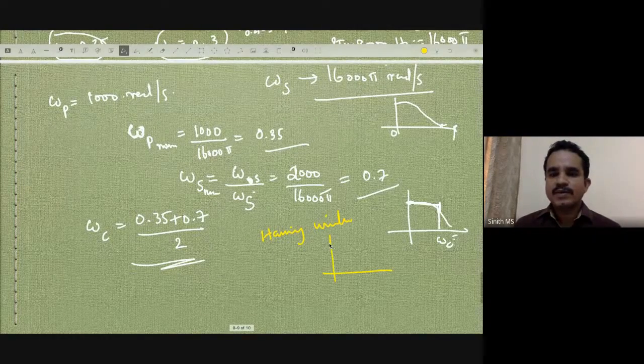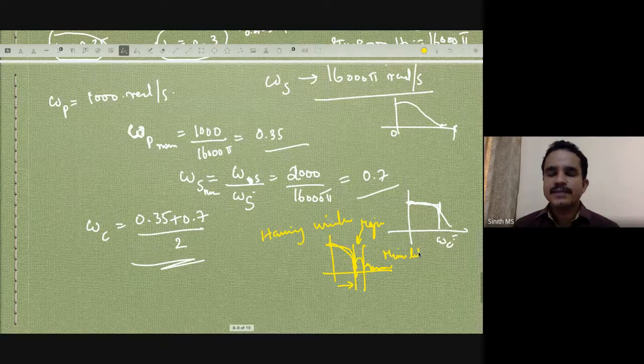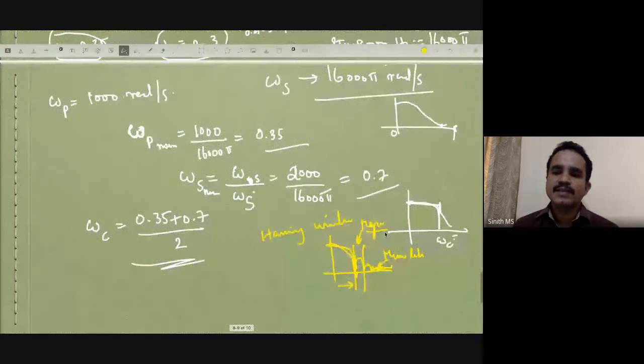You know that the response is like this, and you have some attenuation here. This is the main lobe, or major lobe, and these are the minor lobes. These are ripples, and these are called major lobes and minor lobes.